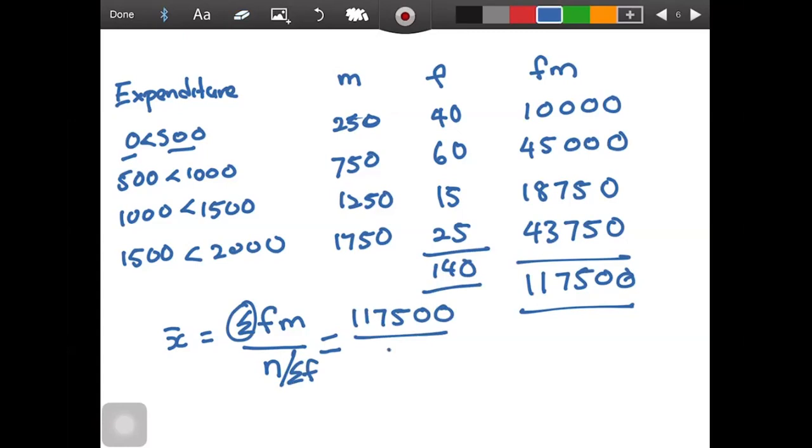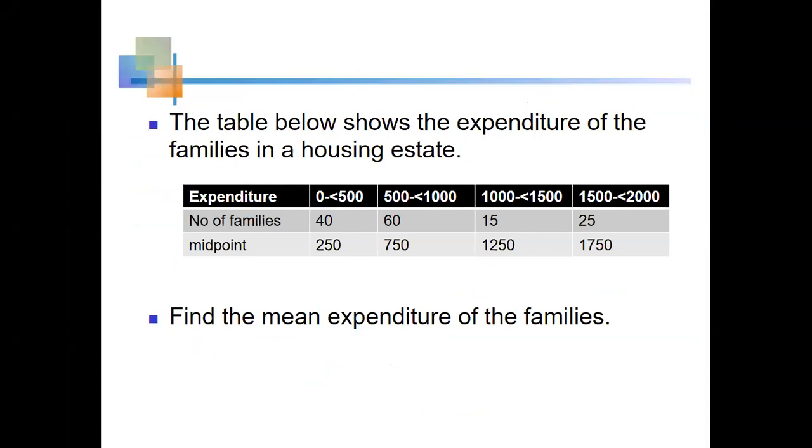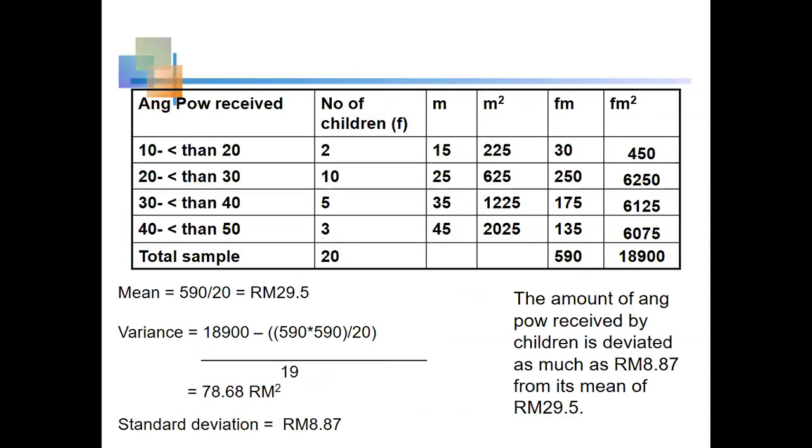So 117,500 divided by 140, your answer will be 839.29. This is your mean expenditure. So this is how you calculate.